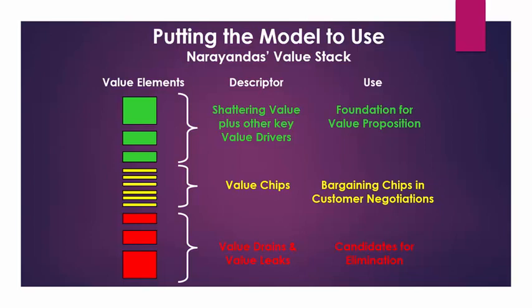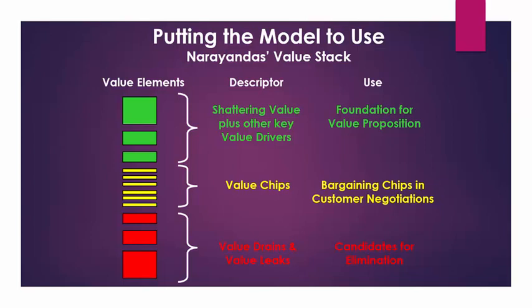At the top, you have big blocks, which means there's significant value created. We refer to those as shattering value, meaning that if I present these to a customer, it's likely to be enough to get them to buy my product. Now, why do I need to know the shattering value? Because that should be the basis or foundation of your value proposition.